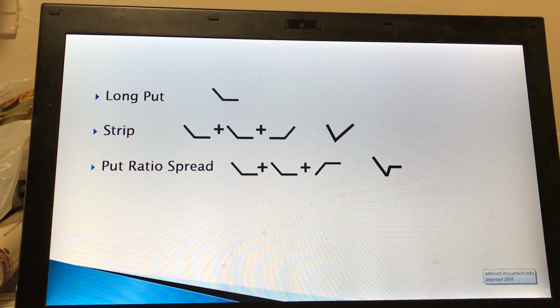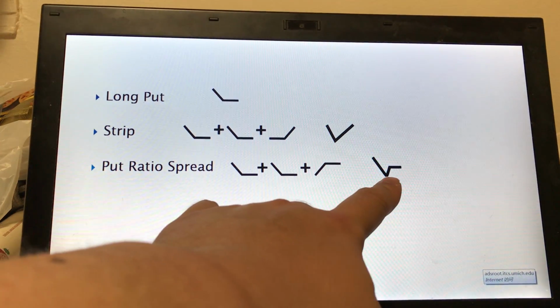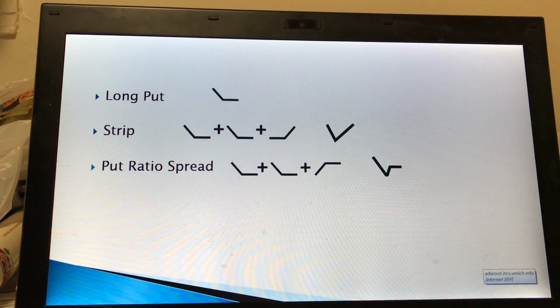And the put ratio spread is also 2 long puts and 1 short put at a higher strike price. You will have confidence that the stock will make a big downward movement, but you are very certain that the stock will not expire at this point, since this is the point where you will suffer a very significant loss.